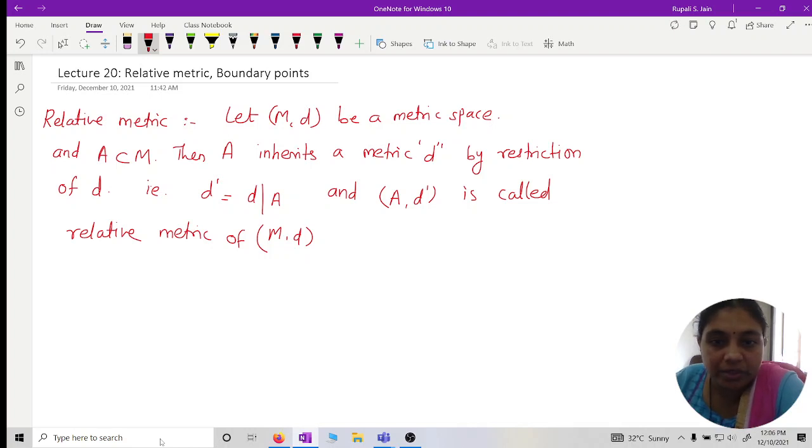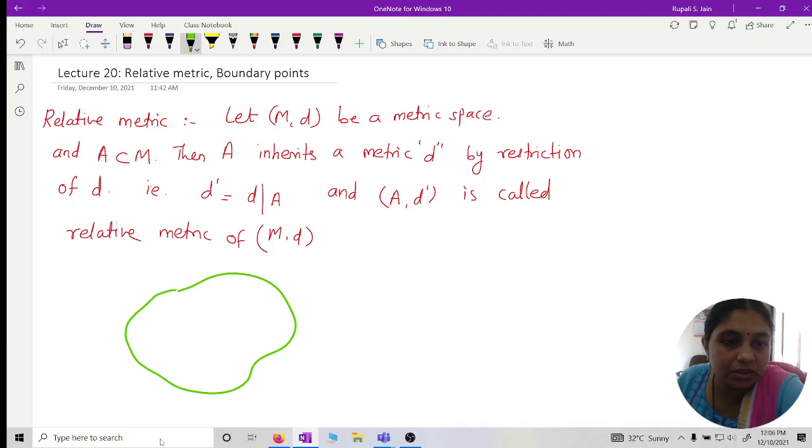Suppose this is your whole space M. Then if we take any subset A of M, and D is a metric on M, then D will be a metric on A also.